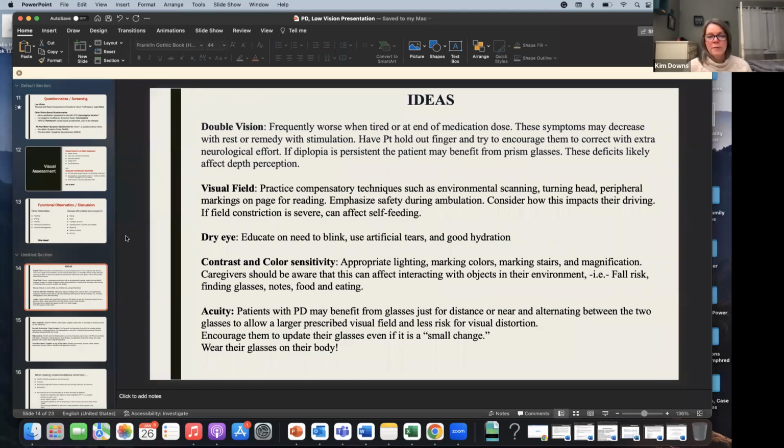A caregiver should definitely be aware of how these changes can affect the person's ability to interact with objects in their environment, how it puts them at risk for falls, finding objects in their environment, finding notes that loved ones leave for them on the counter, and maybe they don't even see, and eating. So acuity, patients with PD benefit from glasses.